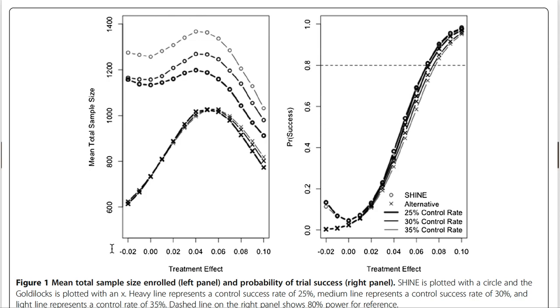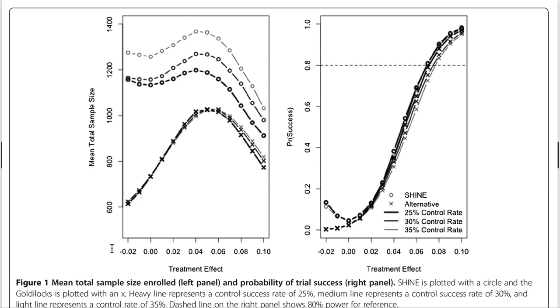The medium line represents a control success rate of 30%, and the light line represents a control rate of 35%. The dashed line on the right panel shows 80% power for reference at the top there. So basically you can see for the treatment effect on the left side with regards to mean of total sample size, that the Goldilocks has a much smaller sample size curve.